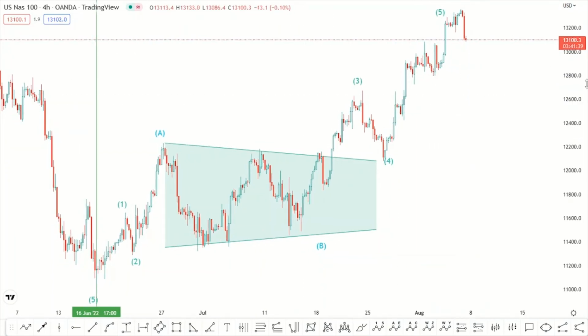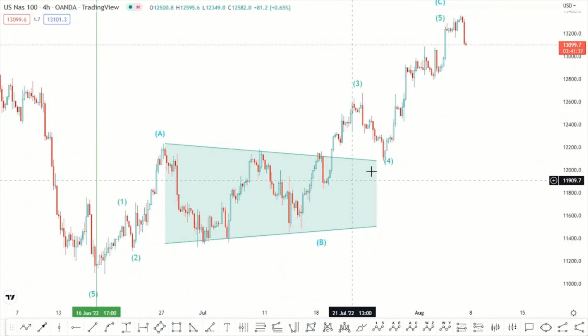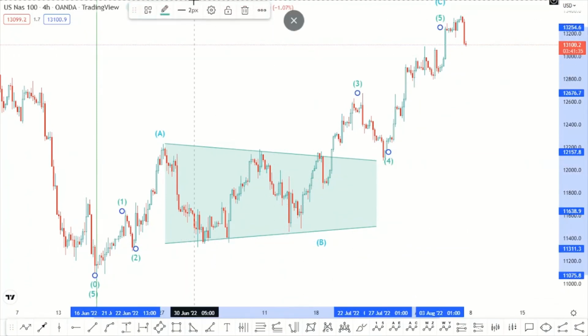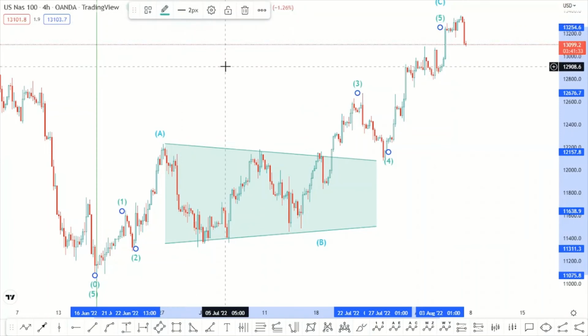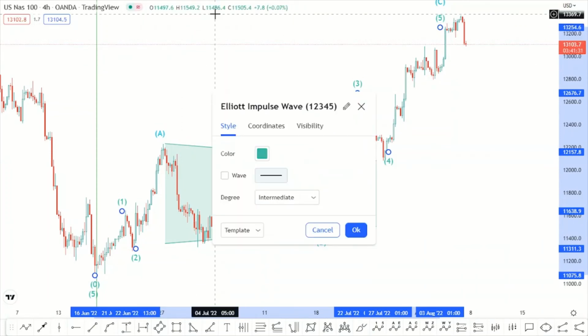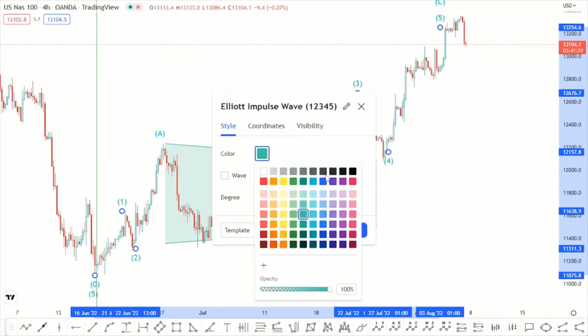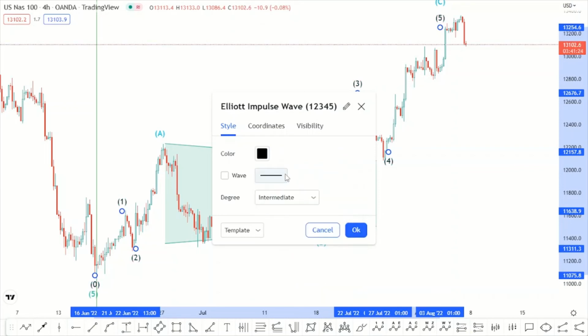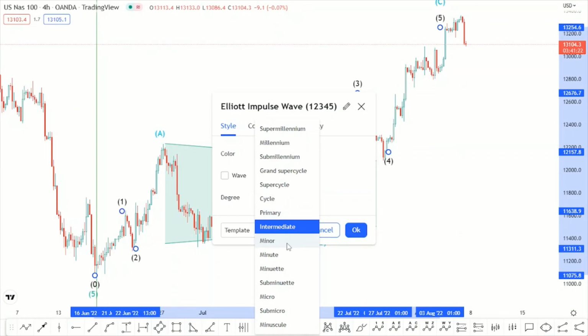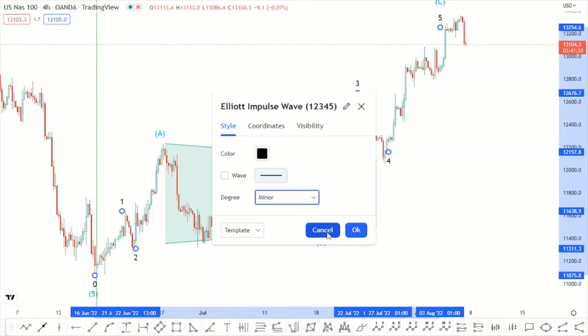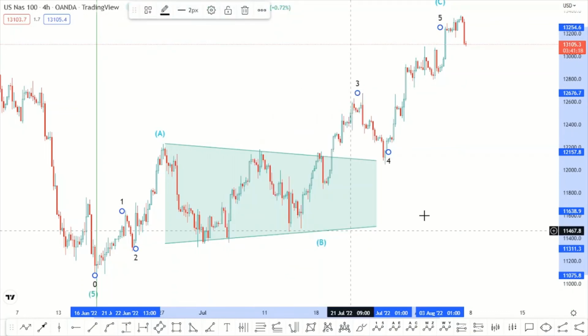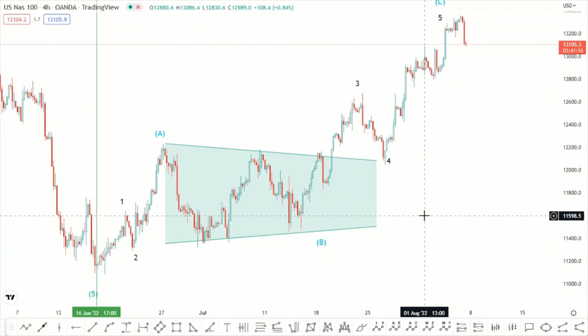So if we come back, let's change the colors. Okay, let's change the color to maybe pure black, and then understand this just as mono waves, right? So we're going to make them minor. All right, so this is it, right?